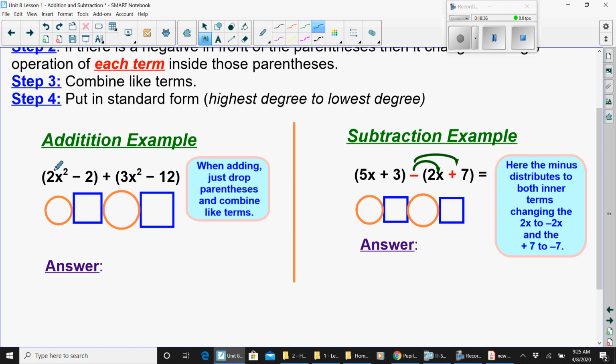So if you have, and again, remember, we're talking about combining like terms. So I'm just going to rewrite here. This is 2x squared minus 2. I'm taking them out of parentheses. And then plus 3x squared.